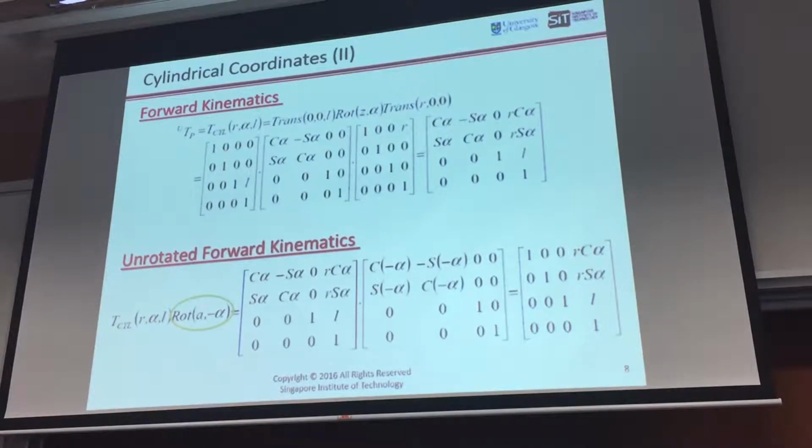This is the thing you need to take note. So what happens in forward kinematics? What do we input? For this scenario, what are the three parameters? Radius, L and your alpha. These three. You input in this, you get your transformation matrix.